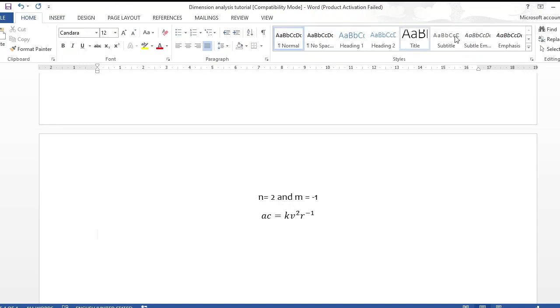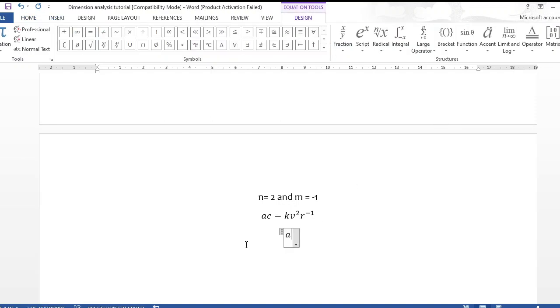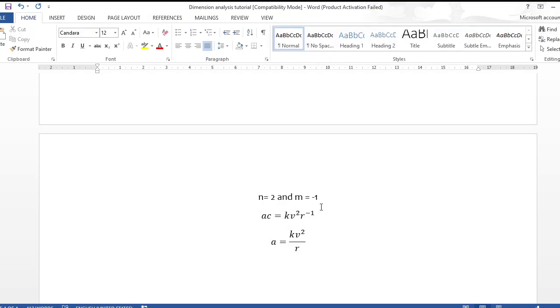If you want to write that equation, you can also rewrite the equation as the centripetal acceleration equal to k as a constant, k v squared over r.